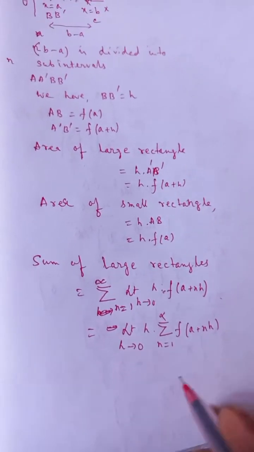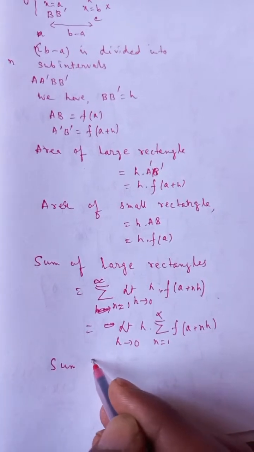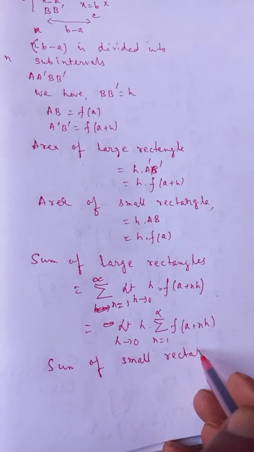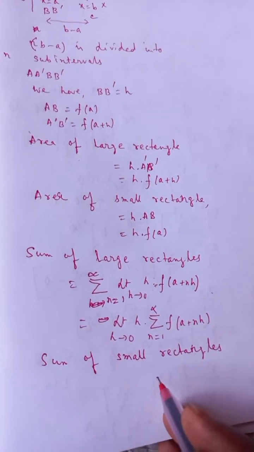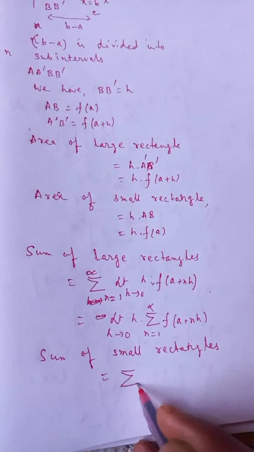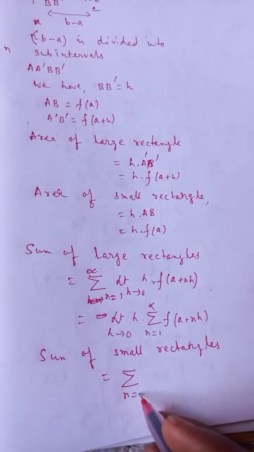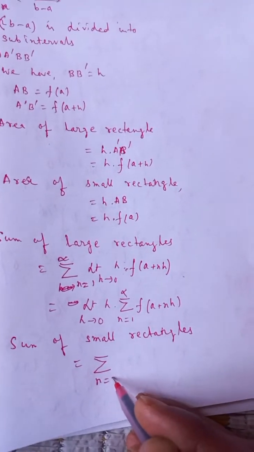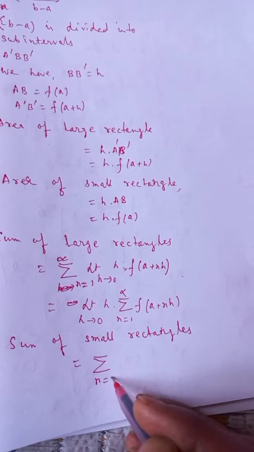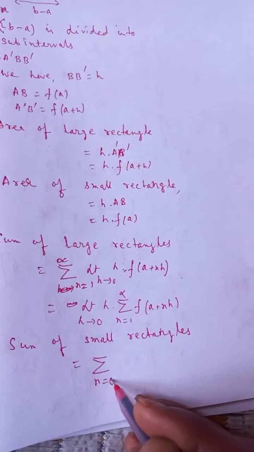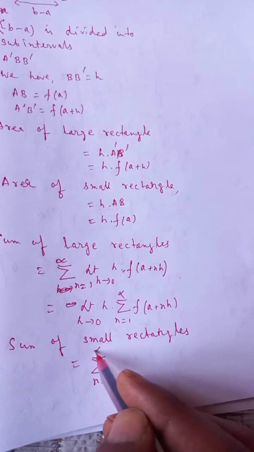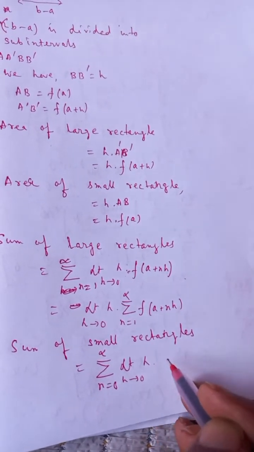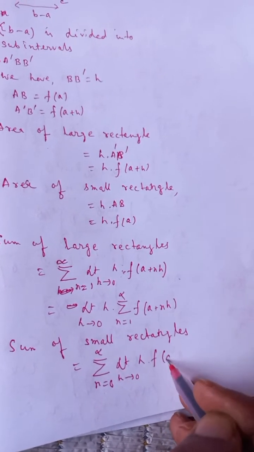And the sum of small rectangles will be the summation n equal to 0 to infinity, limit h tends to 0, h f(a plus n h).